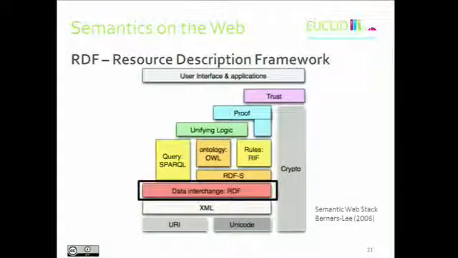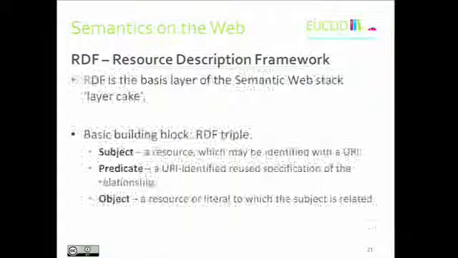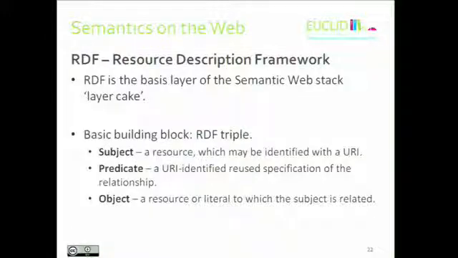On top of that on the stack, we have things that go more into the research domain that aren't leveraged so much, at least yet, in linked data, and that aren't so much topics for the Euclid training. So we'll pick the first of these, as I said, the Resource Description Framework, and look at that in a little more depth to start with.